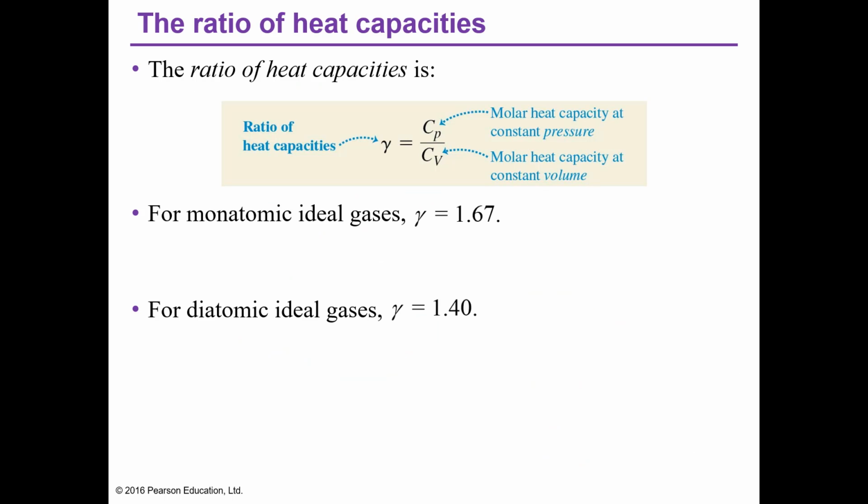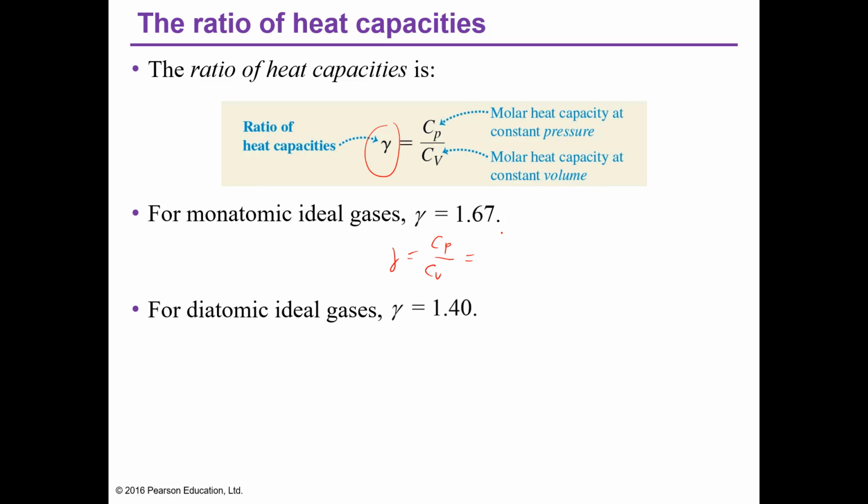Now we have this ratio of heat capacities. It is denoted by gamma. So gamma is just equal to Cp over Cv. For a monatomic ideal gas, gamma is equal to 1.67, since gamma is equal to Cp over Cv.